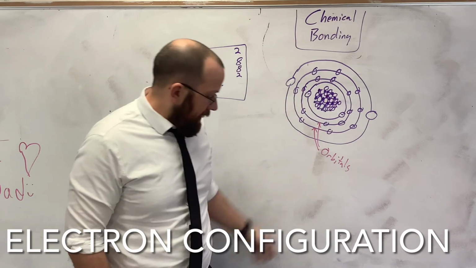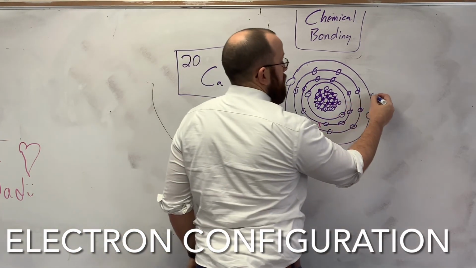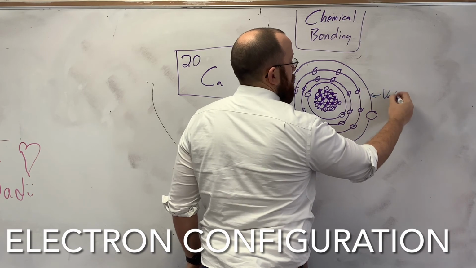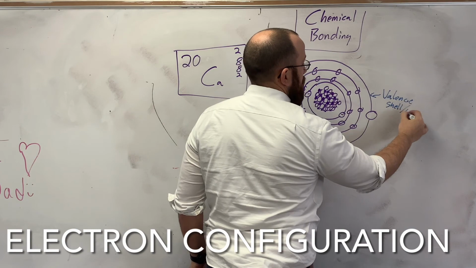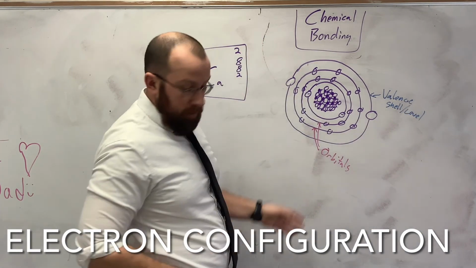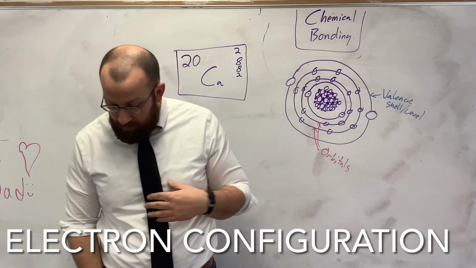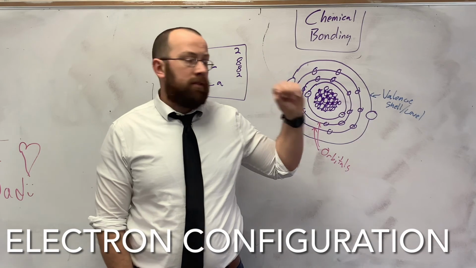So the last one on the outside is what is called your valence level, or valence shell. It calls it level in this, but I've always heard it called valence shell. So the outermost shell is your valence shell.